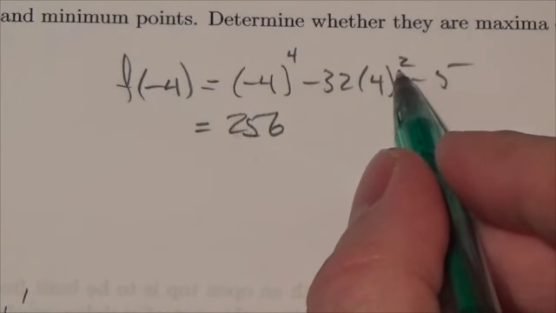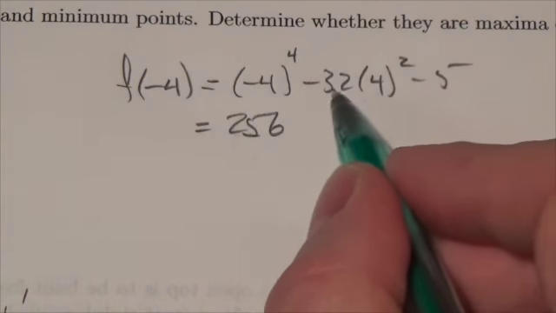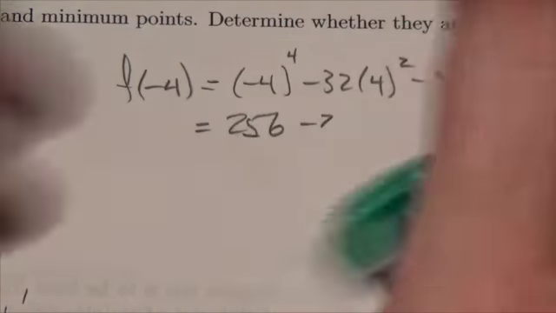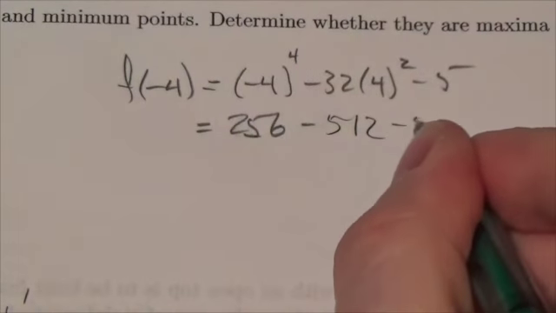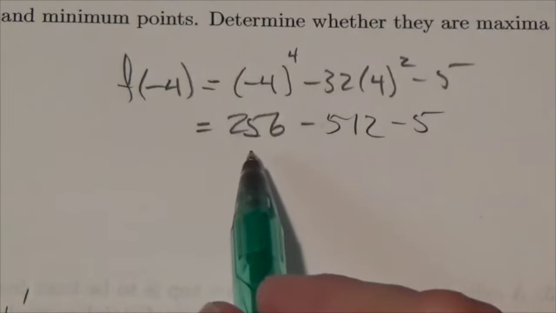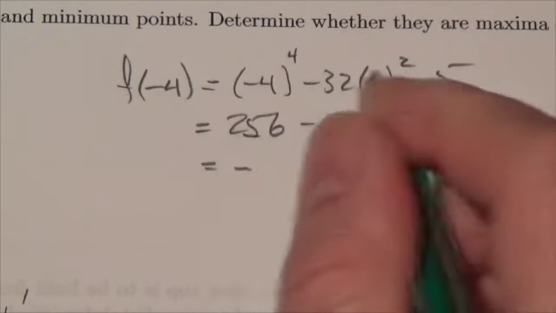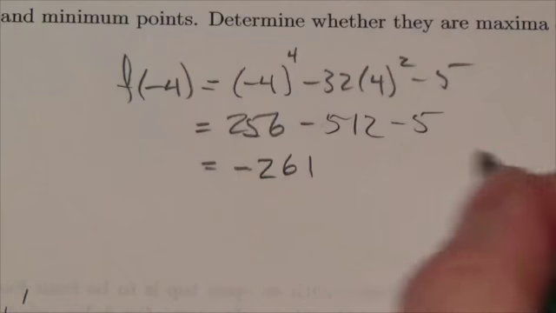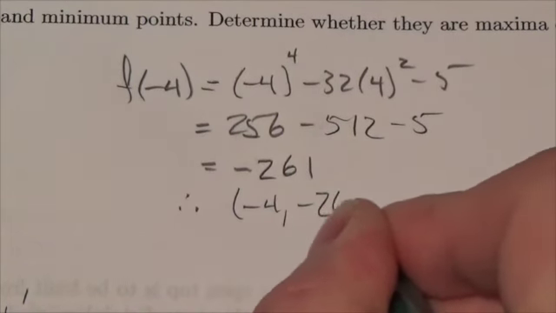Then 4 squared is 2 squared, so this is 2 to the 4th, minus 32 times that, which is 2 to the 5th, so this is going to be 2 to the 9th, so minus 512, minus 5. So altogether, 256 minus 512 will be negative 256, minus 5 is going to be minus 261. And we know, therefore, that this point right here, negative 4, negative 261, is going to be a minimum.